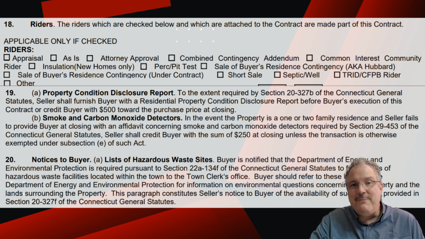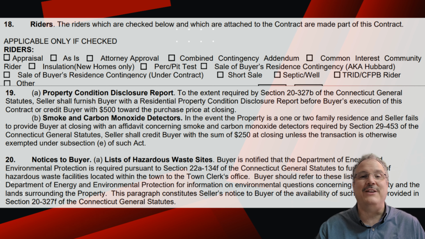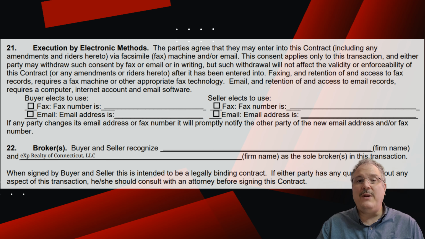So this is important because obviously you don't want to wind up buying a house that's next to the town dump or transfer station. Section 21 is just a section where both parties, buyers and sellers, agree to sign documents electronically. Section 22 is simply going to outline the real estate brokerages that are involved with this transaction.